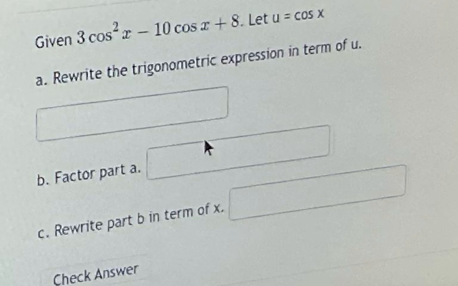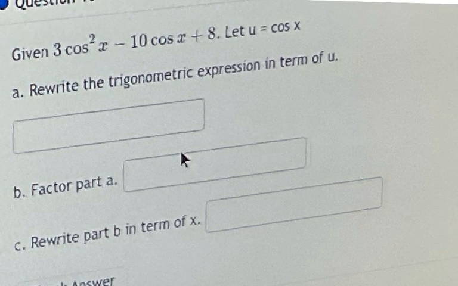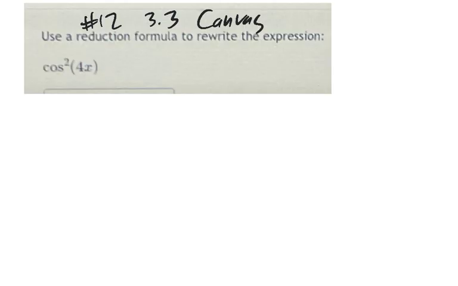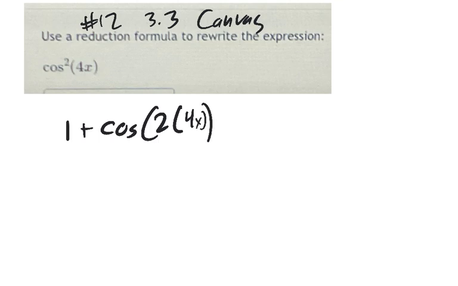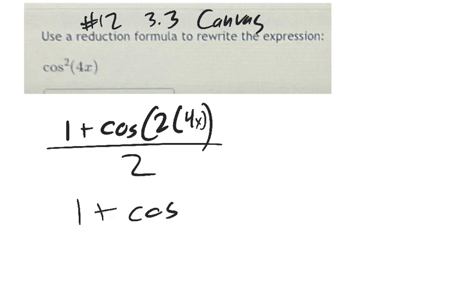So this is factoring formulas. If I've got cosine squared of 4x, it looks like I can write that as 1 plus cosine of 2 times theta, where this time theta is 4x, all over 2. 1 plus cosine of 8x over 2.